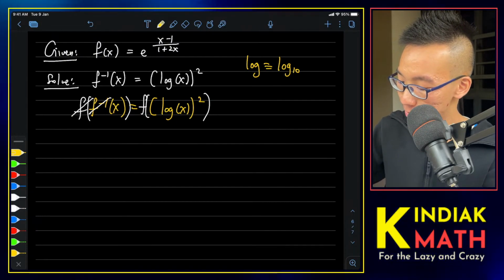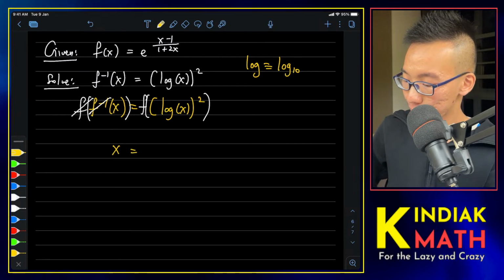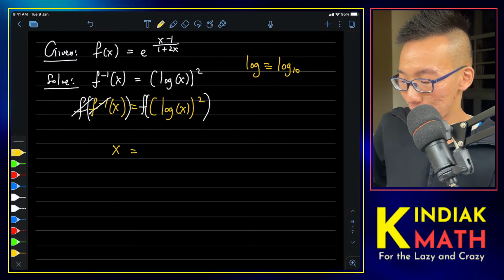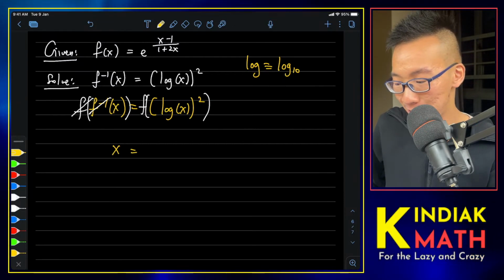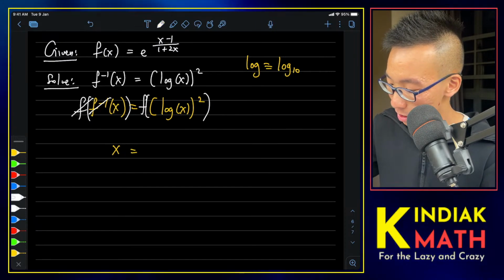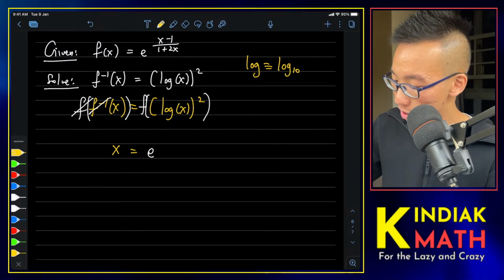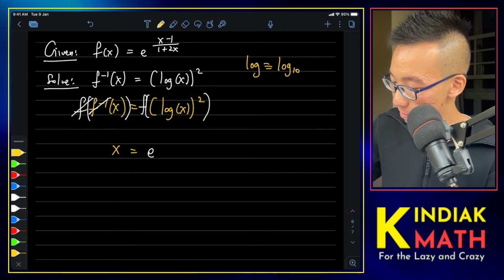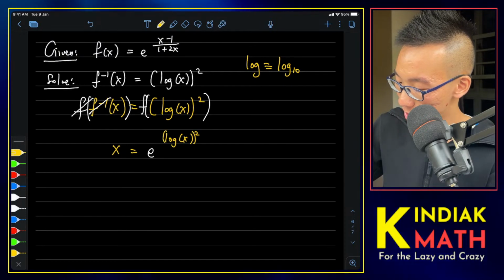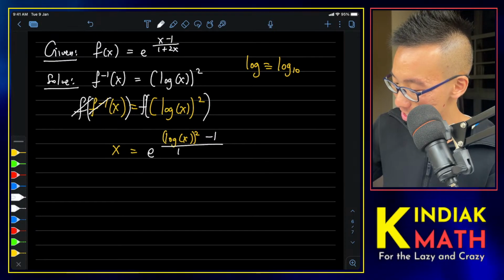Cancellations happen. All that remains is to calculate some stuff which looks really horrible on the right hand side. Well, we're going to get e to the power of the logarithm of x squared. This is probably really the hardest question here.